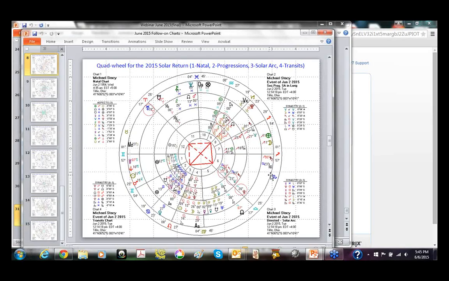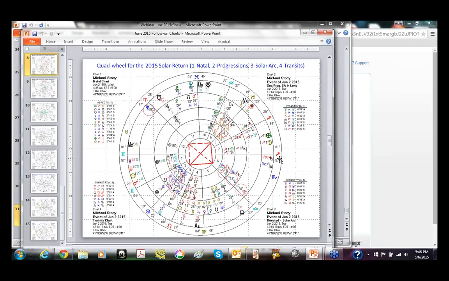Saturn is opposite your ascendant. You see, transiting Saturn opposite your ascendant. Again, you're getting to do your dharma. This is an obligation you are having to yourself to do your work. And the transition is from personality work to soul work.